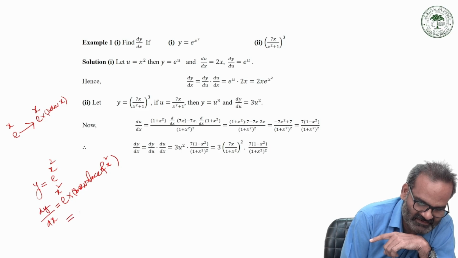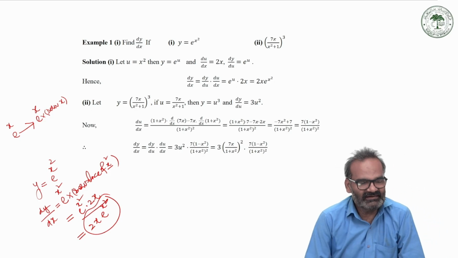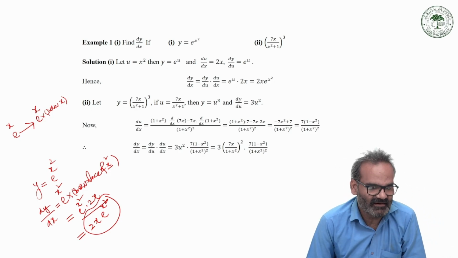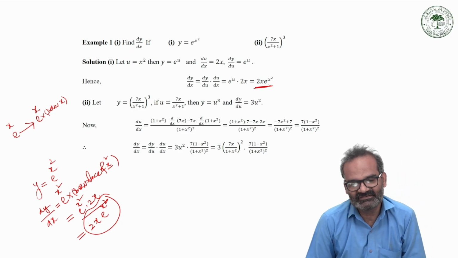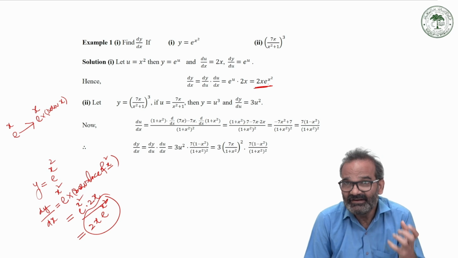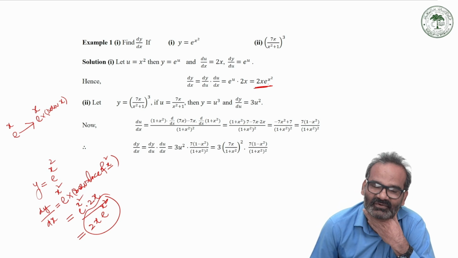And so what you will get here? E raised to the power x square into derivative of x square is 2x. So its derivative is 2x e raised to the power x square. So if y is a function e raised to the power x square, then its derivative is 2x into e raised to the power x square. The same answer you can have from the solution of this question. But we want to find its derivative by using the chain rule.